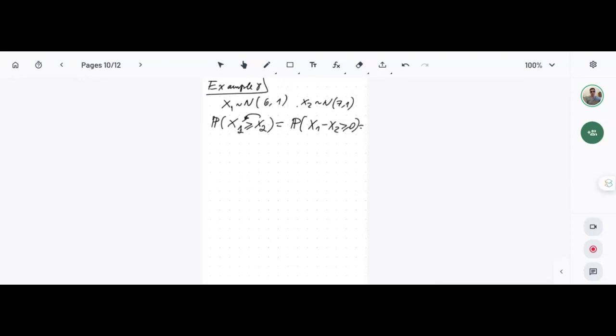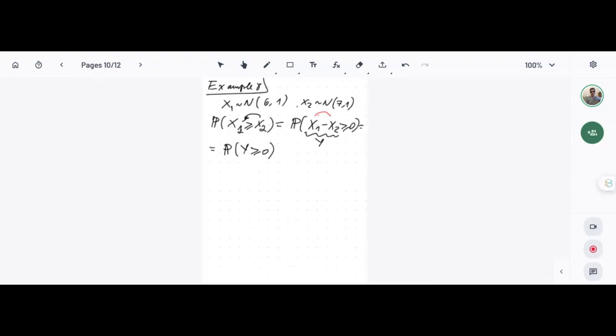But to evaluate this probability, we have to find the distribution of x1 minus x2. Let's call it y. Yes, y is equal to x1 minus x2. So this is the probability that y is greater than or equal to 0. Now let's get the distribution of y, because we know that a linear combination of two normals is going to be normal.